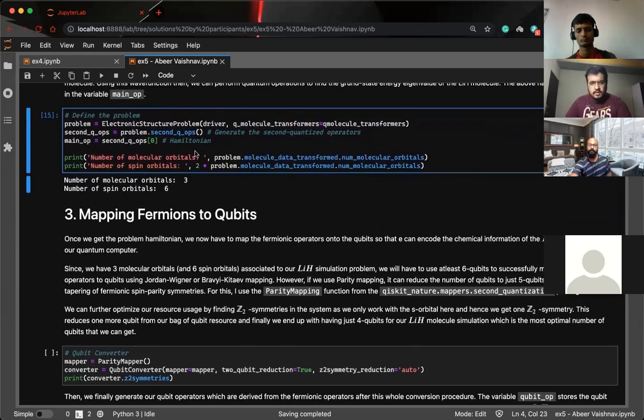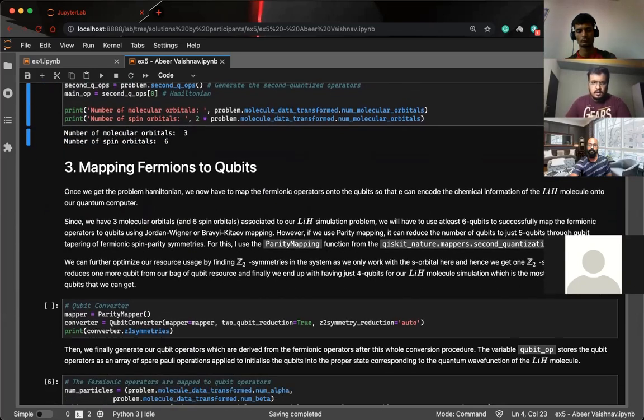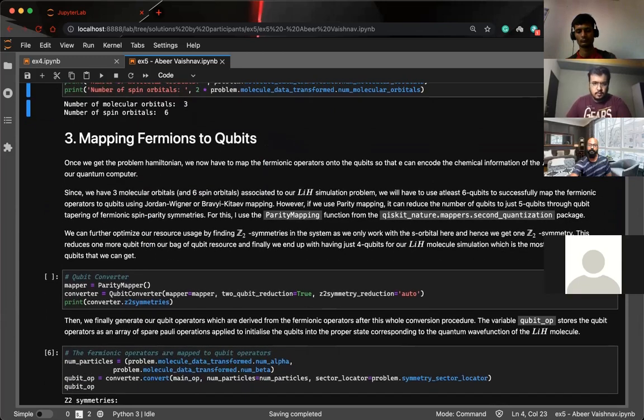So here you can see that the number of molecular orbitals is actually 3, whereas the number of spin orbitals is 6. So we take this into account and do some further manipulation in order to optimize this.